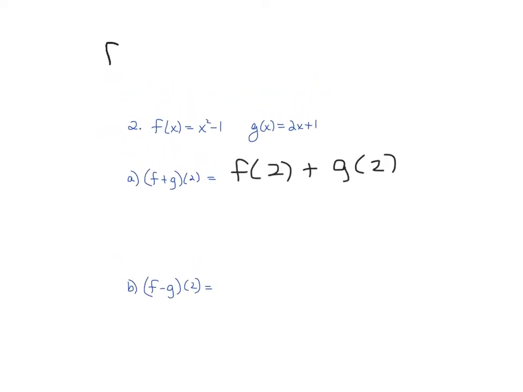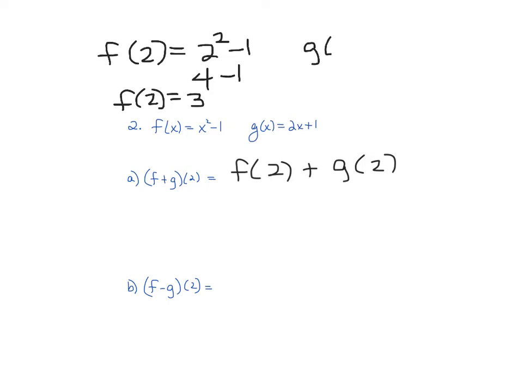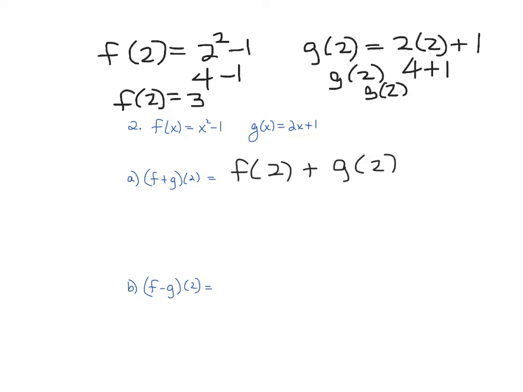I could do it right above here so I can see my function. So I'm going to do 2 squared minus 1, 4 minus 1, and my f of 2, when I plug 2 into the f function, I get 3. And then for the g of x function, I'm going to plug in 2, and 2 times 2 plus 1, 4 plus 1, and g of 2 equals 5.